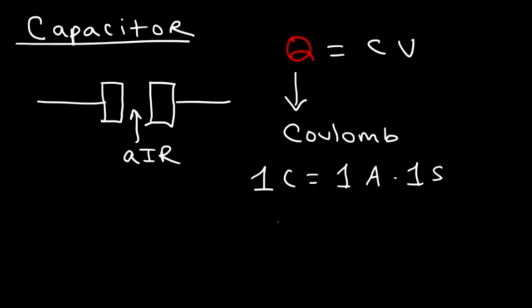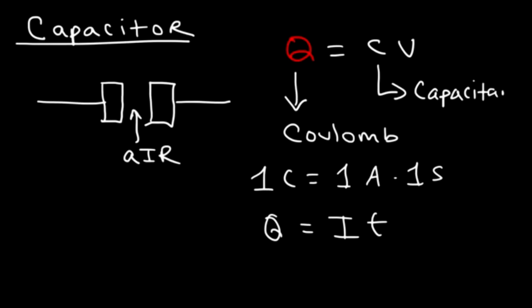So Q is equal to IT, where I is the electric current in amps, T is the time in seconds. Now C represents the capacitance, and the capacitance is measured in farads. V is the voltage, measured in volts.